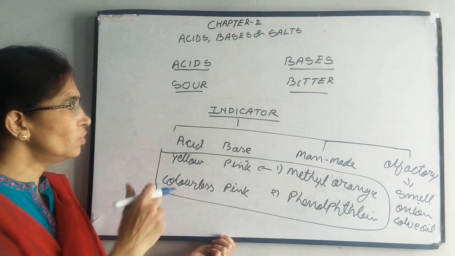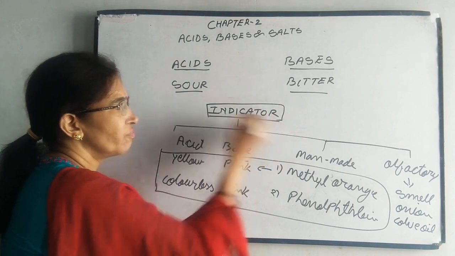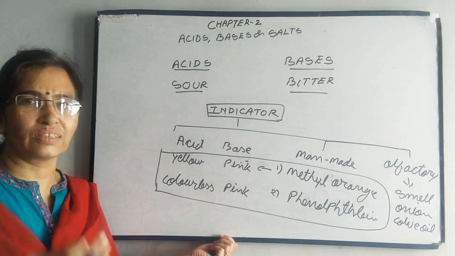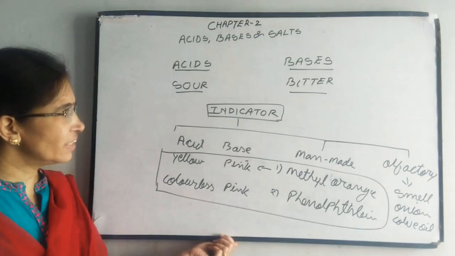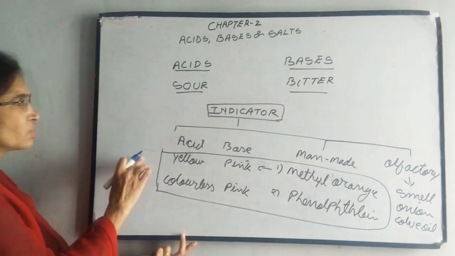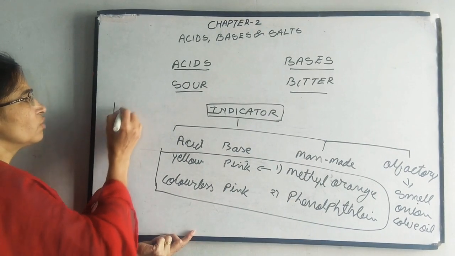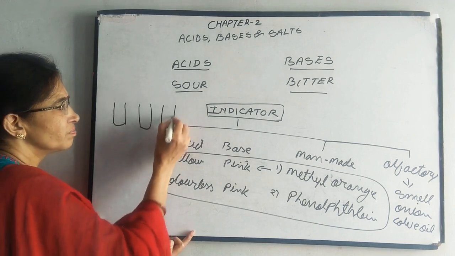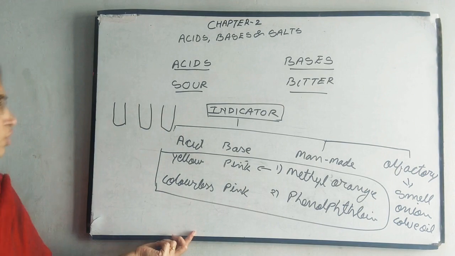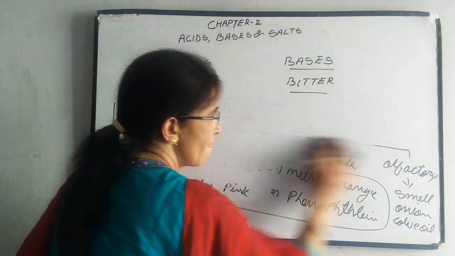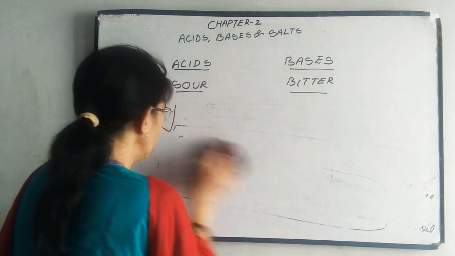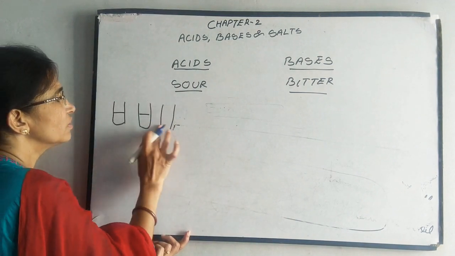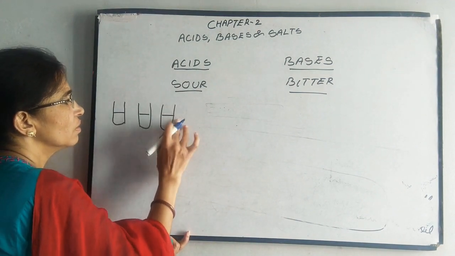Clear? So one more time I am telling you the definition of indicator. Indicator means the substance which changes its color or its smell in acidic or basic medium. Now see, one question is given in your book. We have three colorless solutions: one, two, and this is your third one.